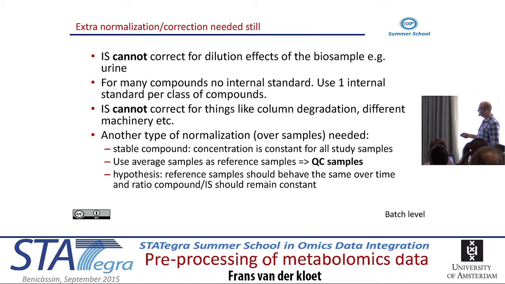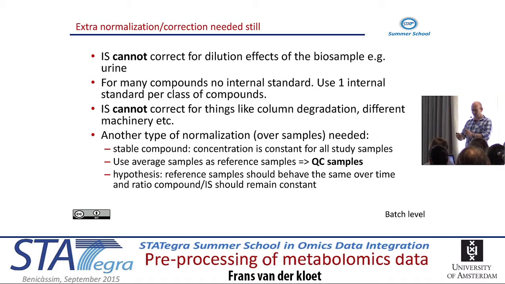And therefore we need another type of normalization, and we use some kind of reference samples in this case. We call them quality control samples, which is usually a mixture of all the samples in the study that I wanted to analyze.